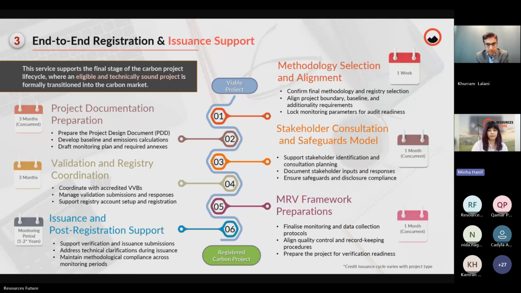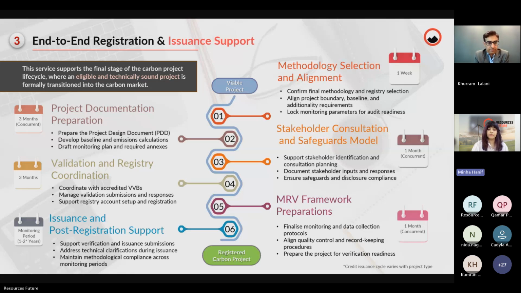Then we have the MRV framework preparations because, regardless of the project type, the number of credits that will actually be issued into your account will all eventually come down to how you are reporting your offsets and how you can trace back your claims to the actual documents that your project is generating.